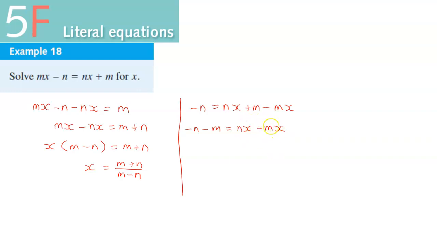I've got x's in both of these terms, so I would factorise. Then I would divide by n minus m.